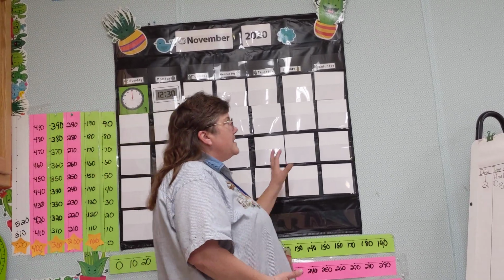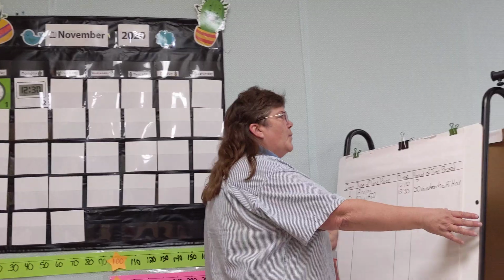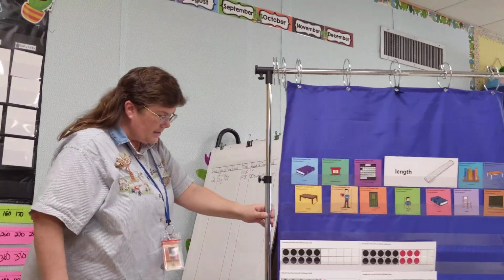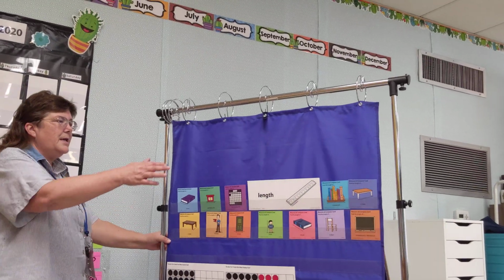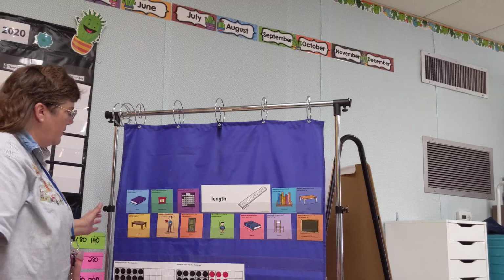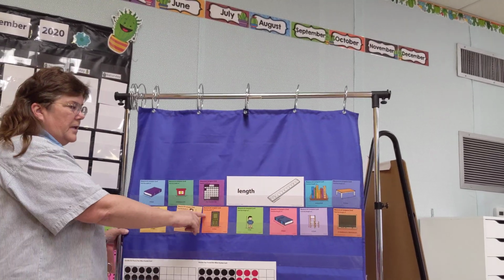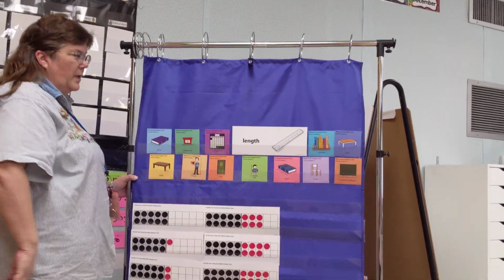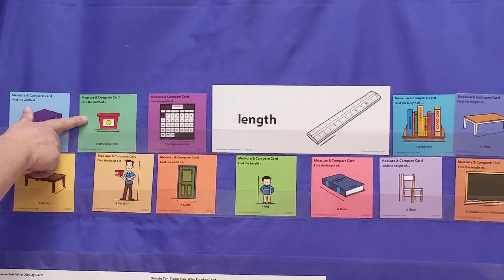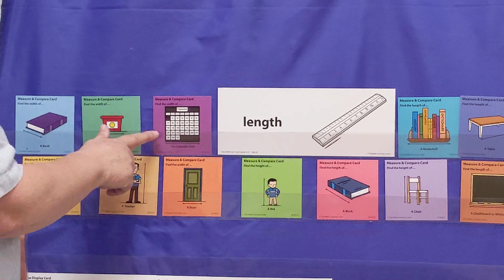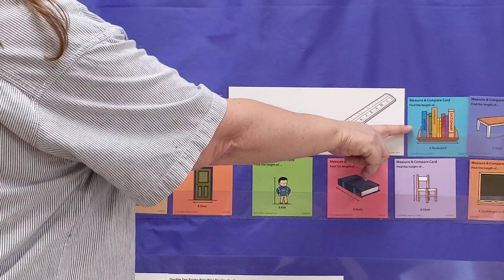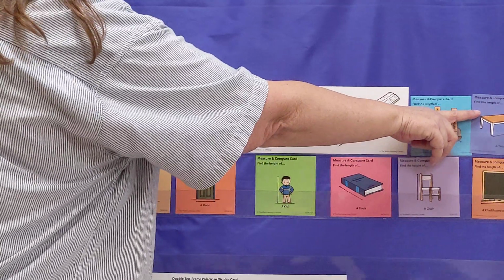Now, our class collection. Can you see how blank this poor wall is? Our class collection this month is all about measuring length. So we have all these fun cards that we get to measure. So we're going to be measuring a book, a workplace bin, the calendar grid, a bookshelf, a table.